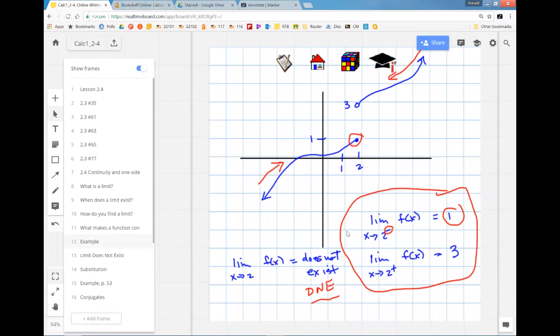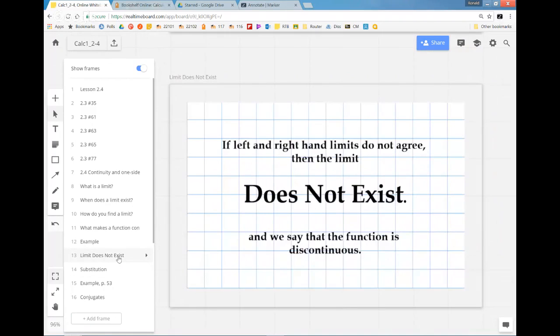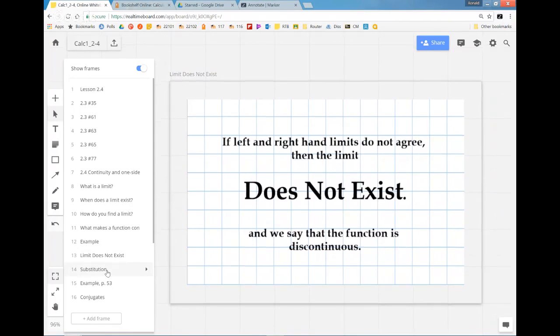The right-hand limit as we approach 2 is 3, and they don't agree. Therefore, remember, you have to say the overall limit does not exist. Whenever left and right hand limits do not agree, we say the limit does not exist.